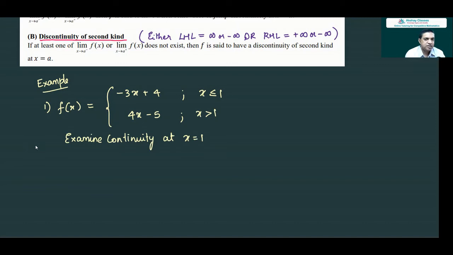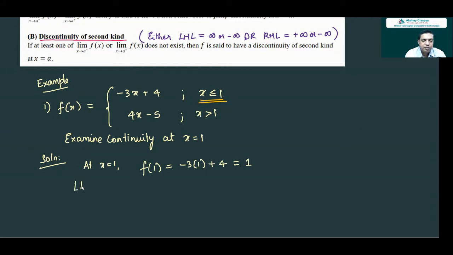So simple. The first step is: at x equal to 1, what is the function value, f(1)? For x equal to 1, the function is defined by the first expression, since the equal to sign is associated with the first expression. So it is minus 3 into 1 plus 4, which is plus 1.